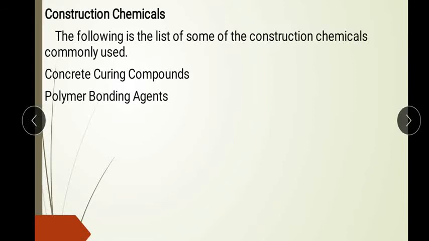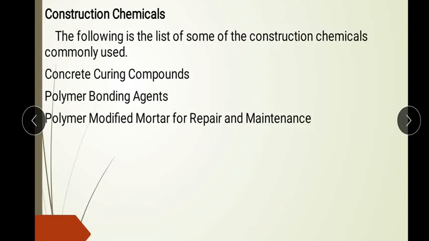Next one, polymer bonding agents. To get more bonding for structures, like repairing structures where cracks have formed over the concrete, by using these admixtures we can control that crack formation.